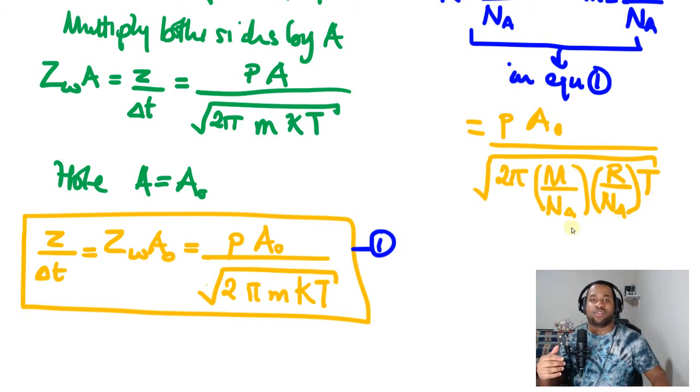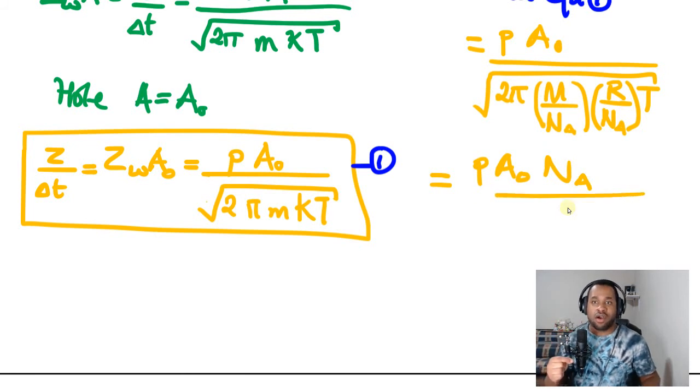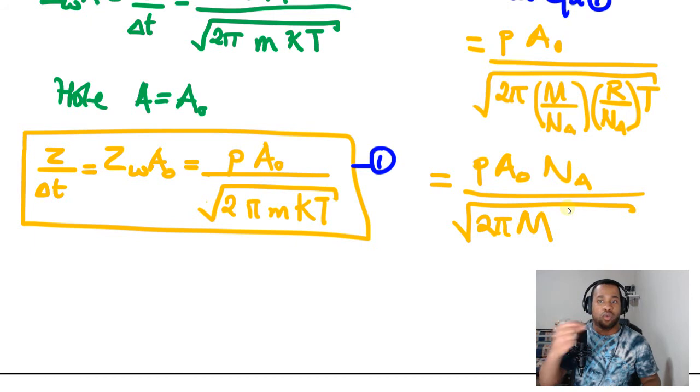As a result of that, we have our new expression for our specific rate of effusion, which is equal to P A naught, which in this case is the pressure multiplied by the area of the hole, and this is multiplied by the NA, which is the number of particles, all over the square root of 2 pi multiplied by M, which is the molecular weight of our particle, multiplied by our gas constant, and multiplied by our temperature.